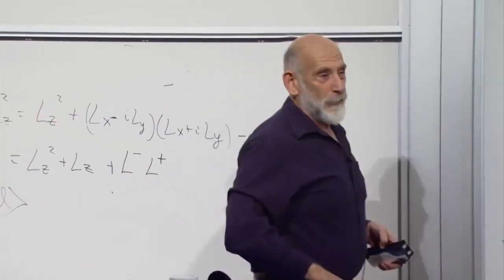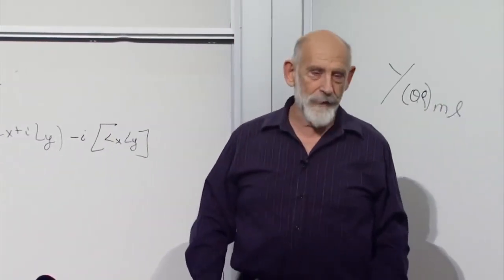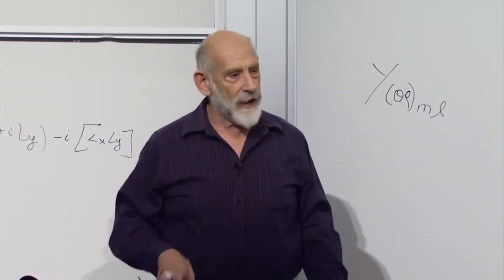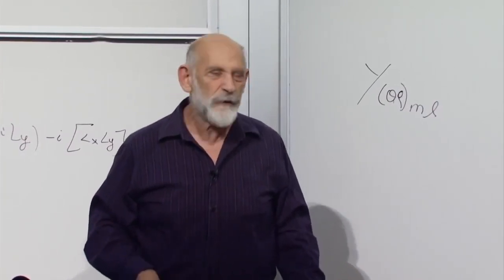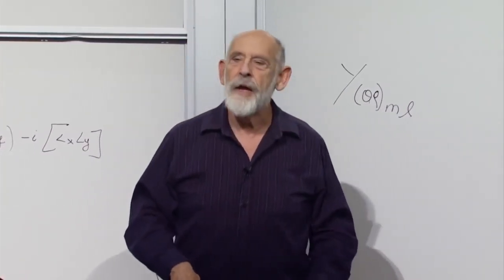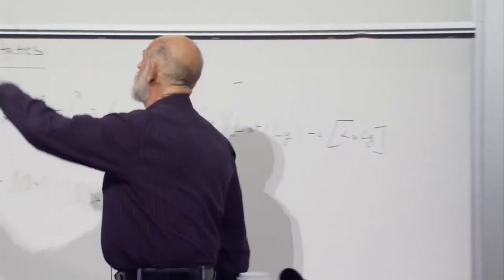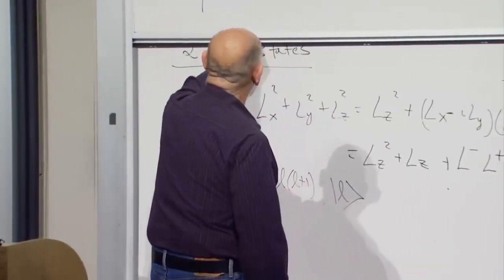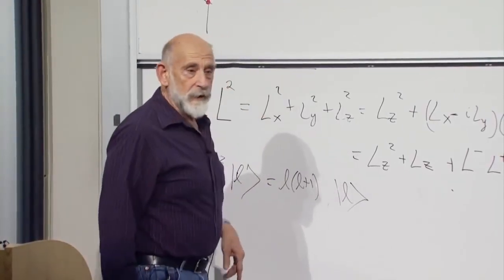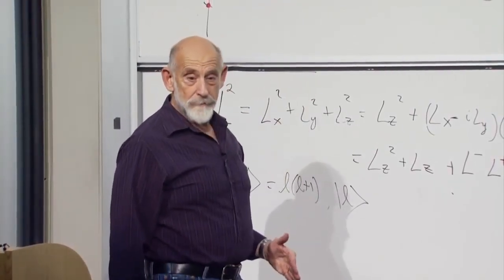And we don't really care very much about exactly what they are. We're going to finesse exactly what they are. We're never going to really need it. We could figure out what these functions are, but we're never going to need it. All we ever have to really know is that for every little value of L, there are 2L plus 1 of them.